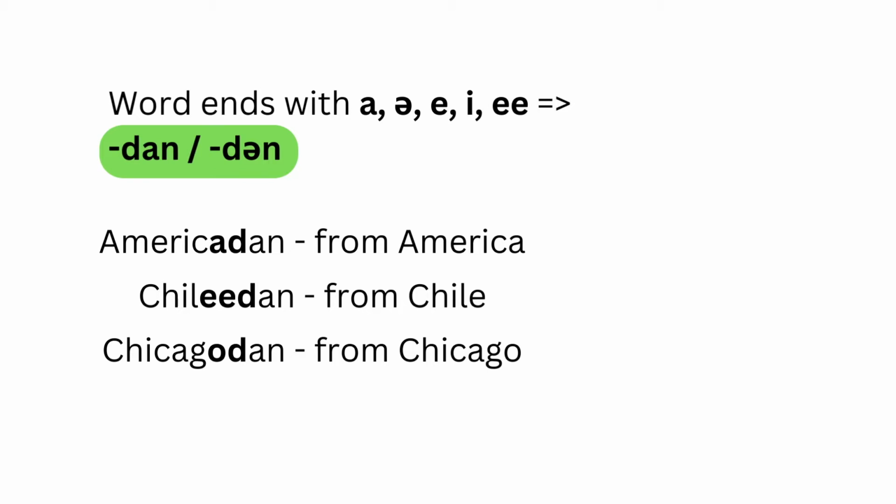Also, if the word ends with a vowel like a, u, etc., we will also need to add the ending that starts with d, don or den. For example, Amerika don. America ends with the vowel a. That's why we add don at the end. Amerika don, from America.